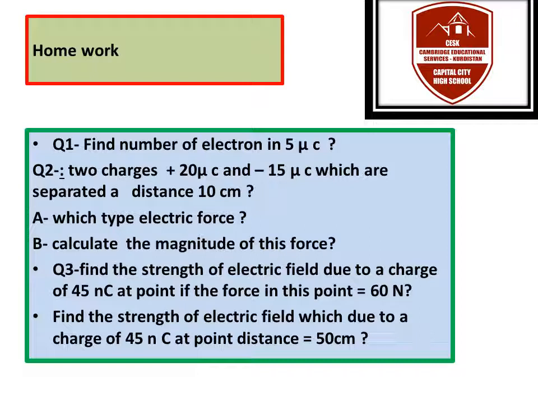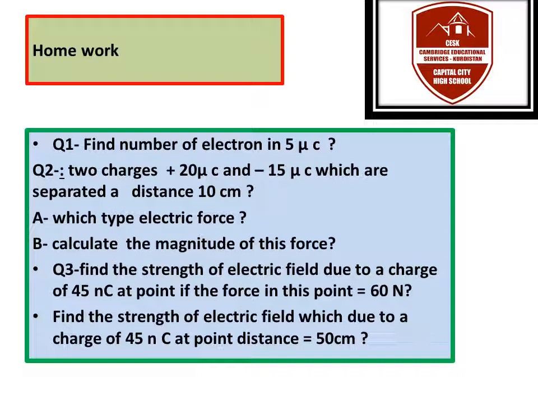B, calculate the magnitude of this force. He asked about the force magnitude. You have to calculate this force in Newton. Use the same rule: F equals Kc, if you remember, Q1 times Q2 divided by R squared. Put 9 times 10 to power 9 instead of Kc, put instead of Q1 20 microcoulomb, so 20 times 10 to negative 6.